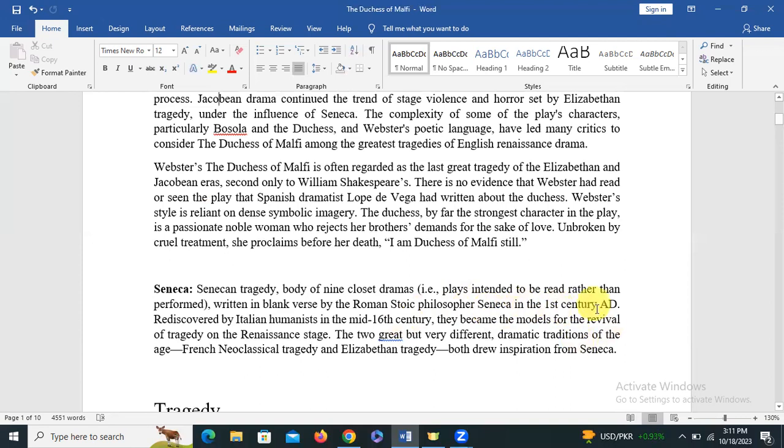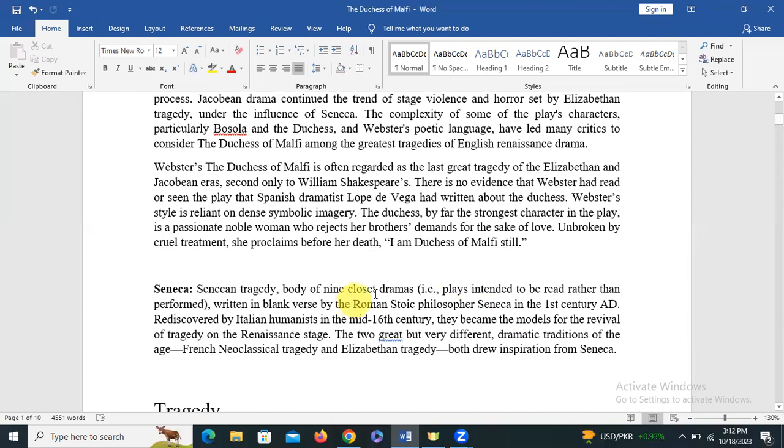And there is more about Seneca. The Roman Stoic philosopher Seneca, in the first century AD, was rediscovered by Italian humanists in the mid 16th century. They became the models for the revival of tragedy on the Renaissance stage.